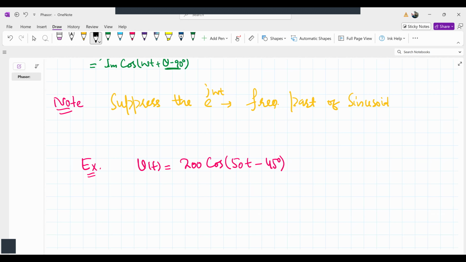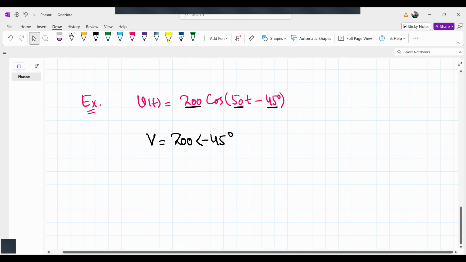If you look at this sinusoid, the amplitude is 200, the frequency omega here is 50 radians per second, and the phase is minus 45 degrees. So the phasor representation, V phasor, will be simply 200 at an angle of minus 45 degrees.